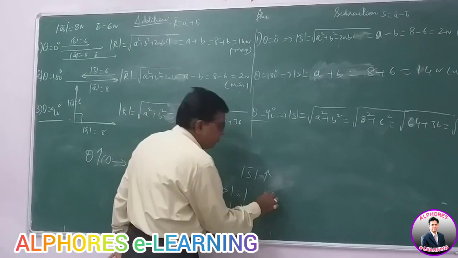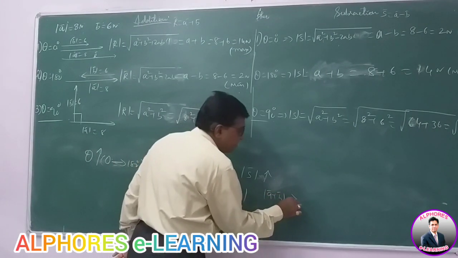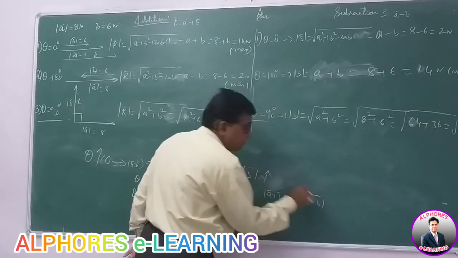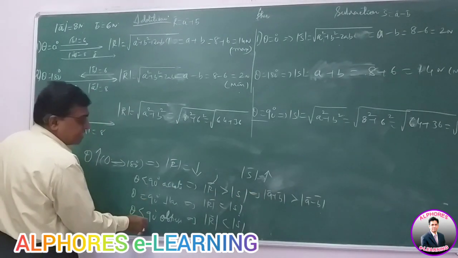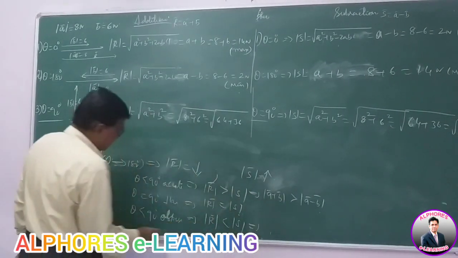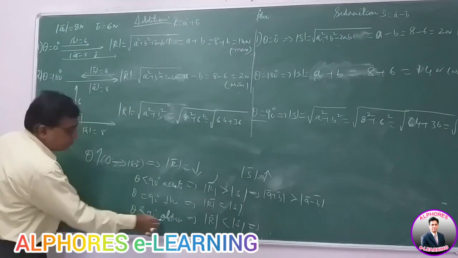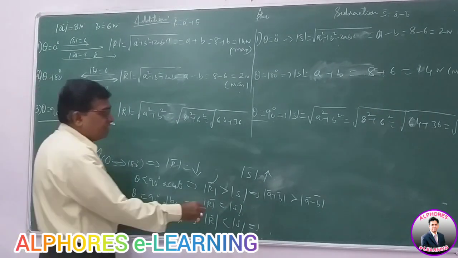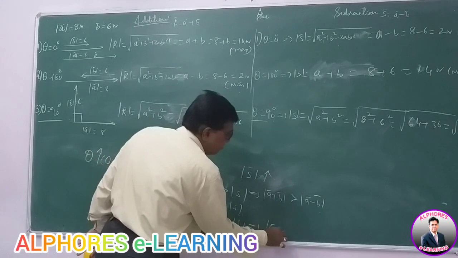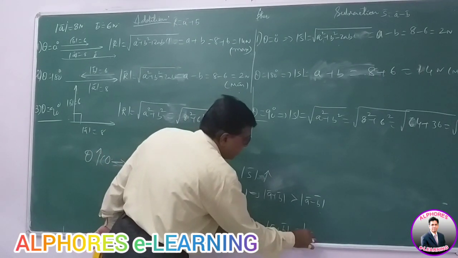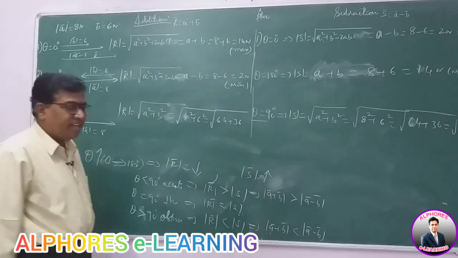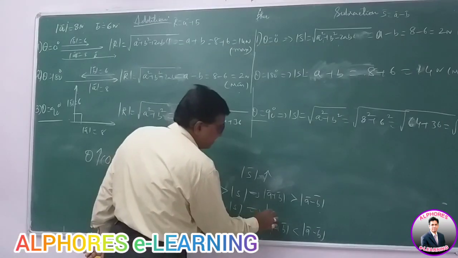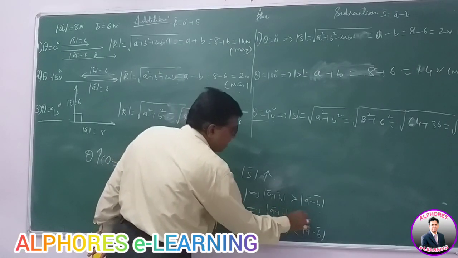So mod of A bar plus B bar is greater than mod of A bar minus B bar. But when theta is greater than 90, obtuse angle, then addition resultant will be less than subtraction resultant. But when they are equal, addition resultant and subtraction resultant are equal.